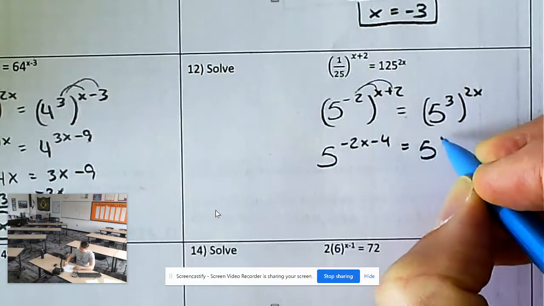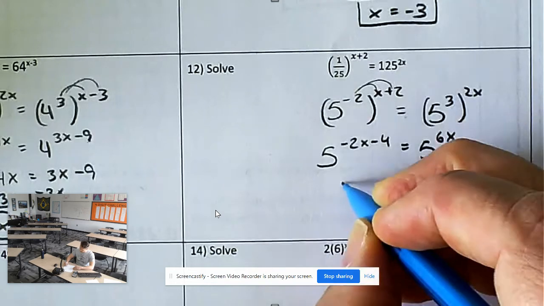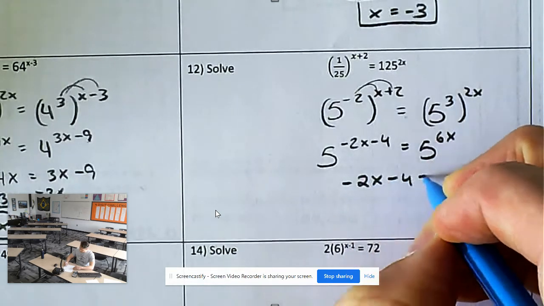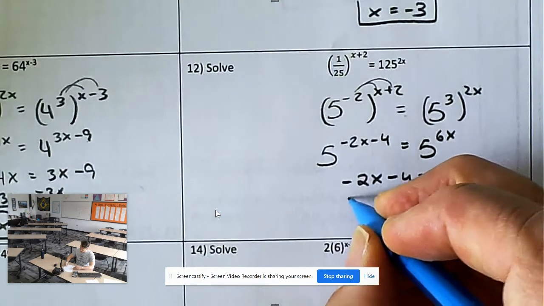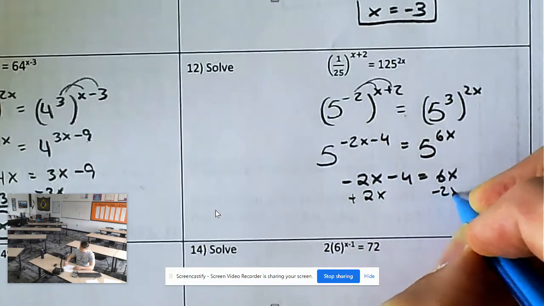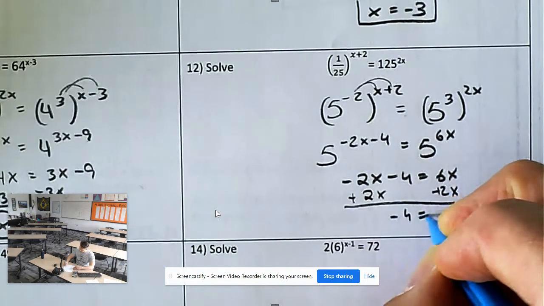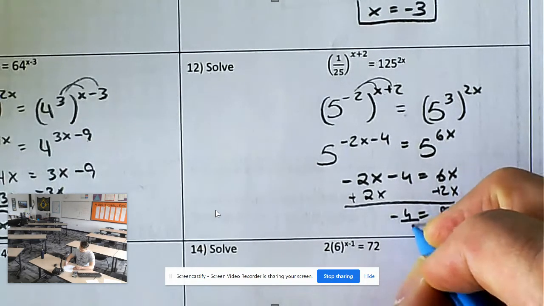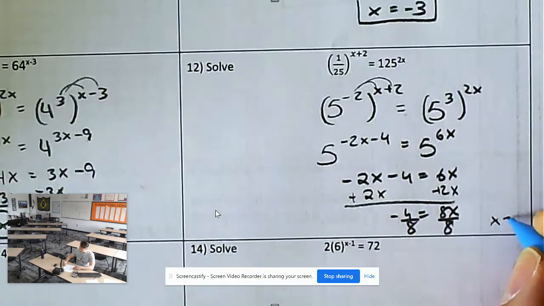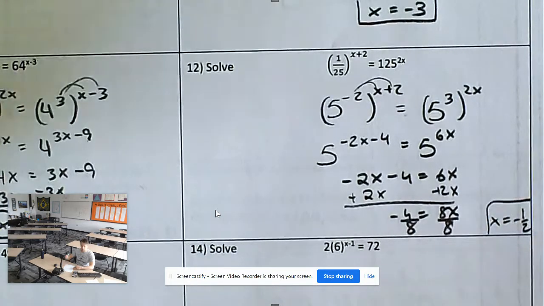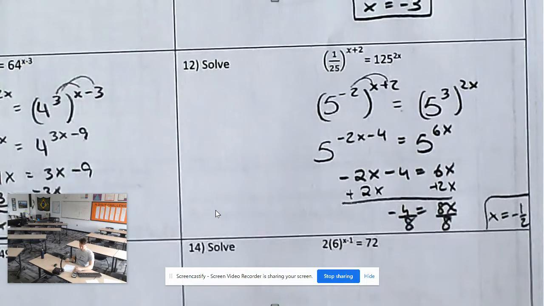And here I get 5 to the 6x. That means that negative 2x minus 4 equals 6x. I'm going to solve for x by adding 2x to both sides, and then dividing by 8. I'm going to get that x equals negative 1/2. That one was a little tricky. Good job if you got it.